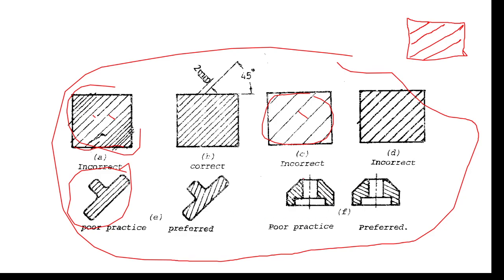This is poor practice because these hatching lines are perpendicular to this boundary of the surface. This one is correct, preferable. Inventor and AutoCAD cannot control or check whether hatching lines are parallel or perpendicular. It is to be controlled manually.